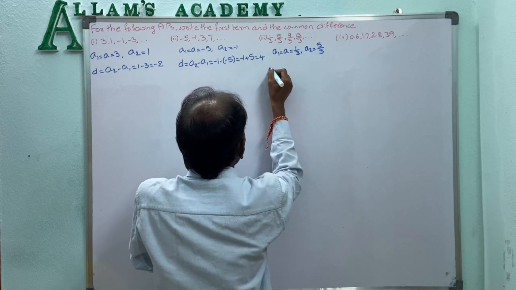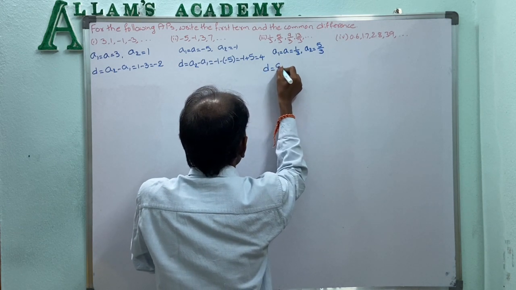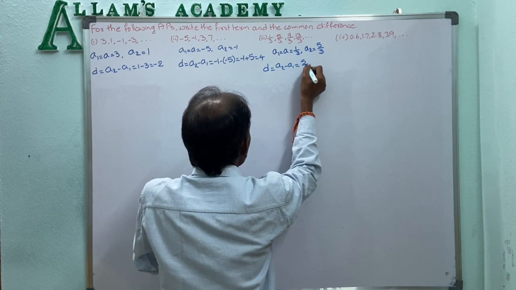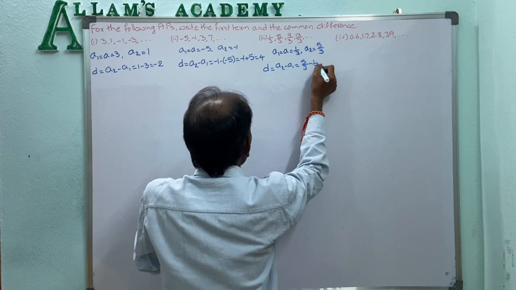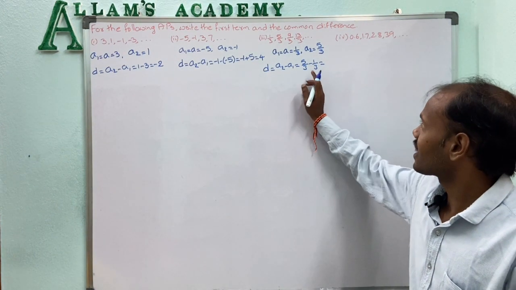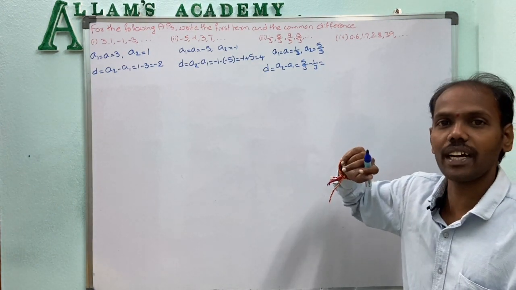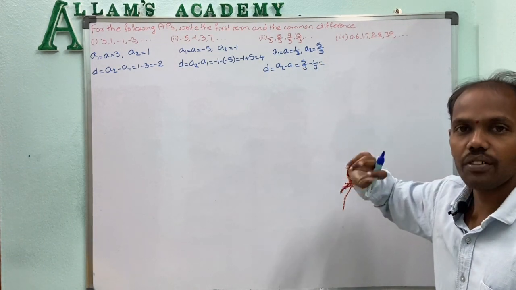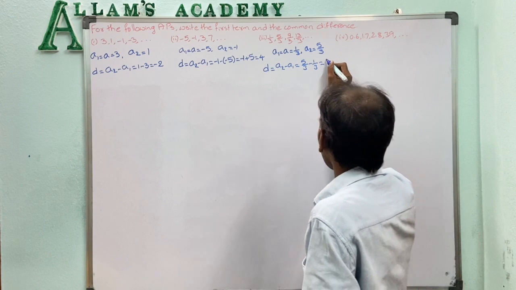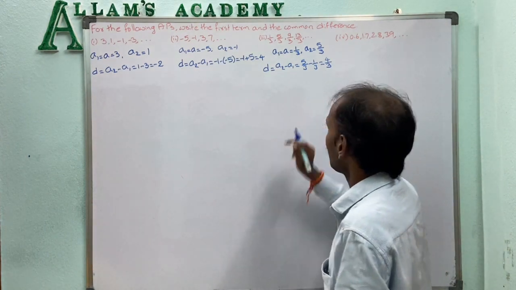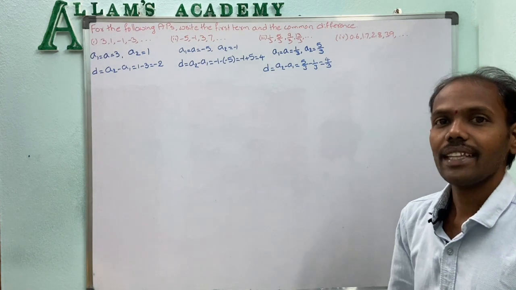Now the common difference D is equal to A2 minus A1, that is 5 by 3 minus 1 by 3. Now they are like fractions. In like fractions directly we can add or subtract the numerators. That means now the numerators 5 and 1 subtract, then we get 4. So the common difference D equal to 4 by 3.